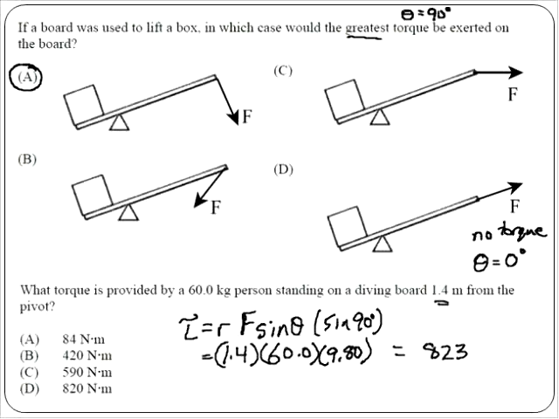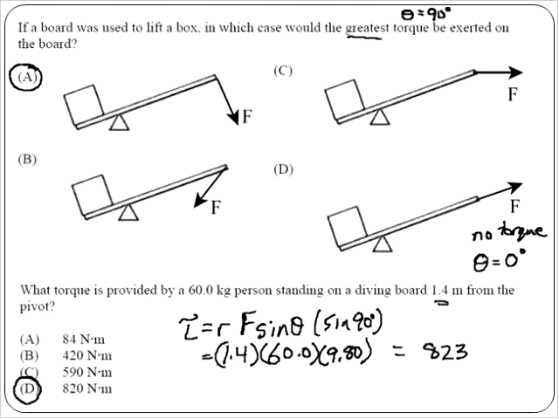So therefore, you would round that 823 off to be 820. But when you're doing multiple choice, you don't have to worry so much about significant digits, because in multiple choice, the right number of significant digits are already going to be there for you anyway. So it's not something that you're going to have to worry about too much.